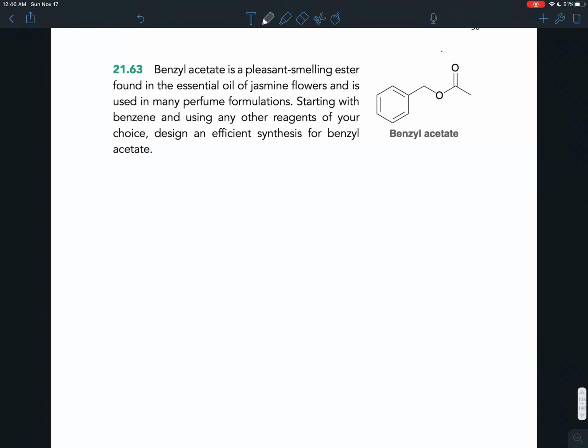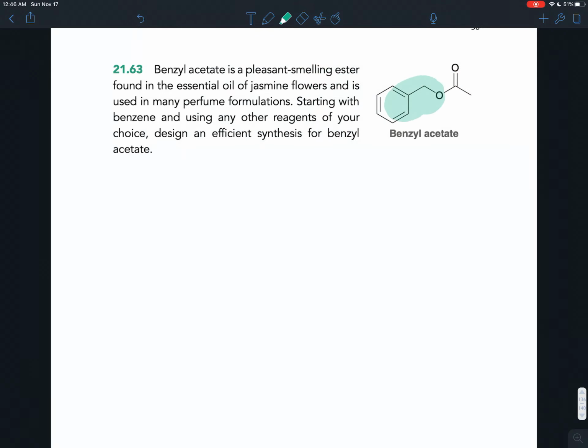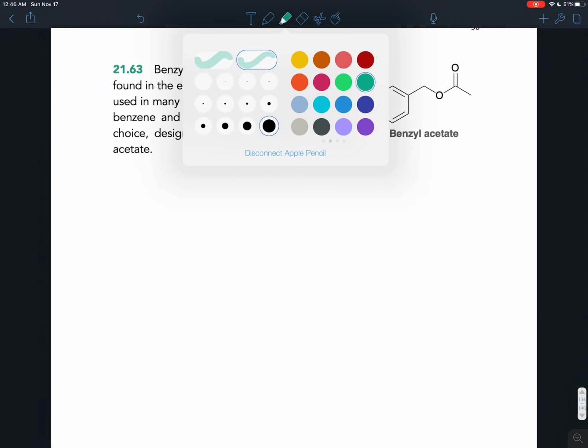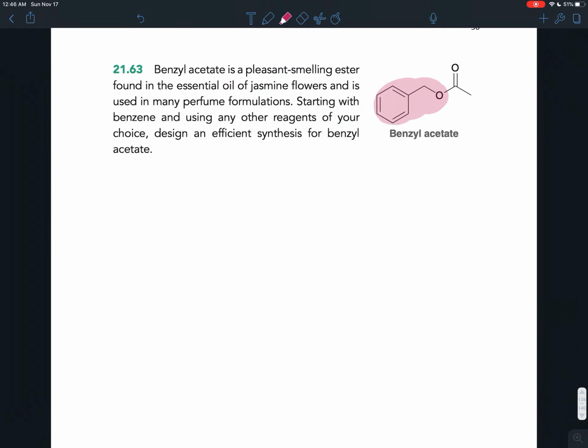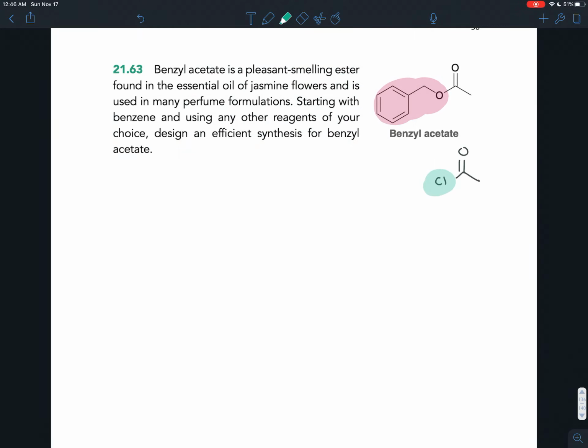Now, when you first look at this, hopefully after this chapter, you would see the ester and you'd say, I could take this and it can come in as a nucleophile and could replace, for example, an acid chloride, the chlorine on an acid chloride. And so you could do a nucleophilic acyl substitution with that.